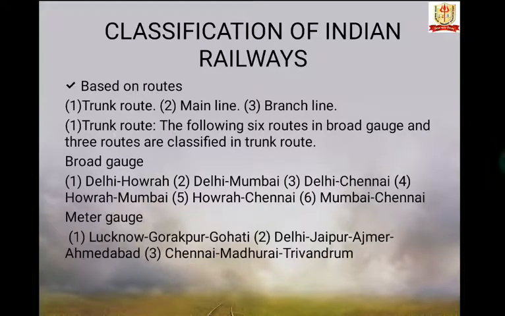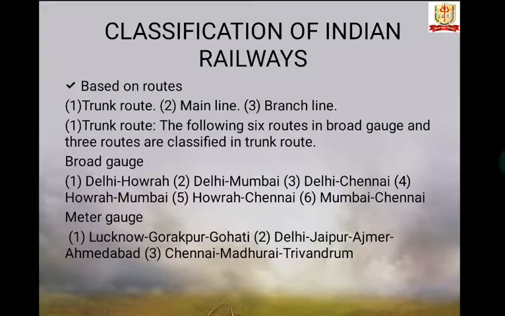Next is classification of Indian Railway. Depending upon the importance of routes and traffic carried by each line and maximum permissible speed on the routes, the Indian Railway have been classified into the following three categories: trunk routes, main lines and branch lines.